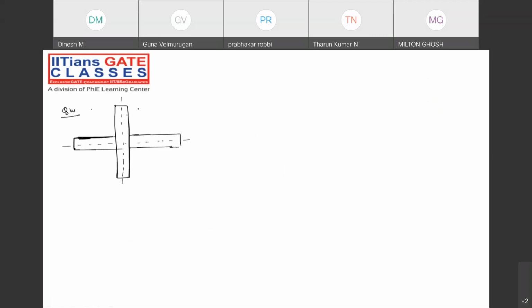So there is a web section. Suppose this is the flange section. What will be the shear stress distribution?